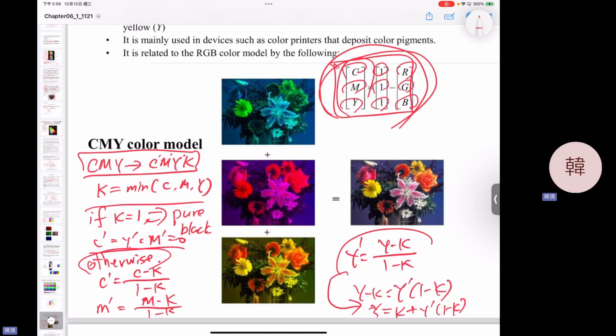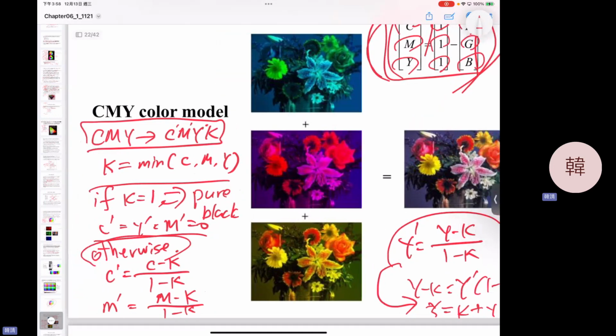RGB, CMY, depending on which kind of system. You can do some examples. I just give you two conditions. One is pure black, where nothing is left, so C', M', Y' in the new system will be 0.